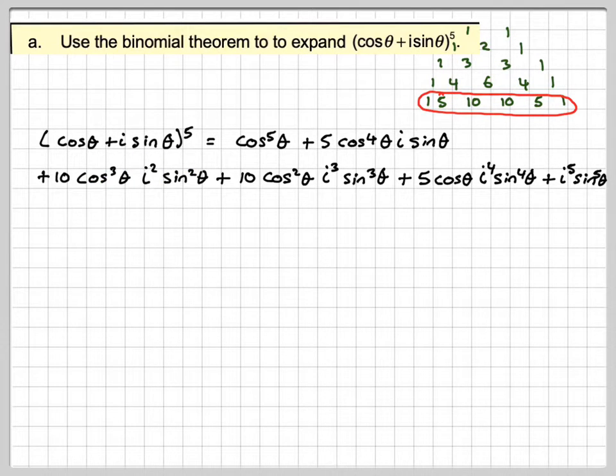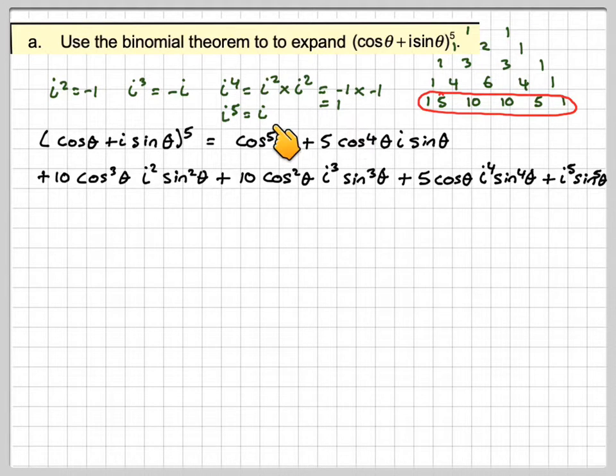Right, we can simplify this a little bit. Now, i squared is equal to minus 1. i cubed is minus 1 times i, so it's minus i. And i to the 4 is i squared times i squared, which is minus 1 times minus 1, which is 1. And i to the 5 will be 1 times i, which will be i.